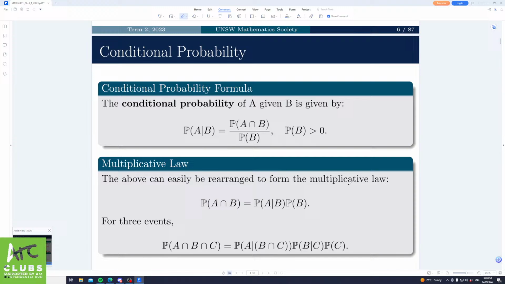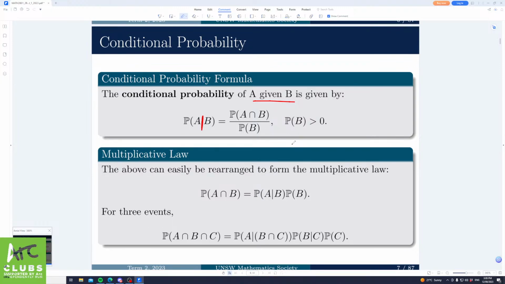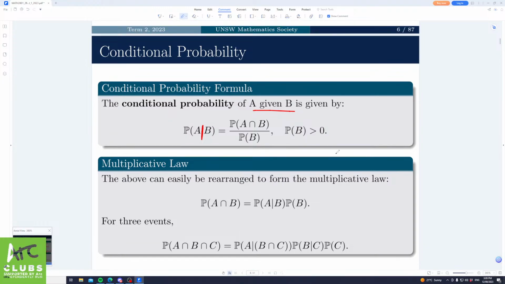Moving on to conditional probability. The probability of A given B is given by the probability of the intersection divided by the probability of B, the event after this line. And for conditional probability questions, anytime I see the word given, I like to immediately write what we're trying to evaluate. So for example, the probability you eat 5 chocolates, given you've eaten 3 chocolates.